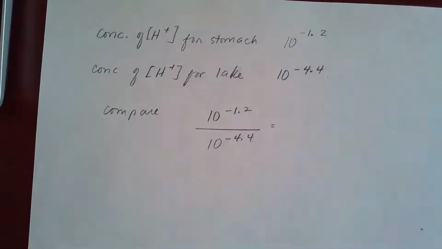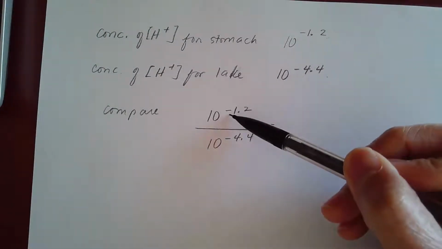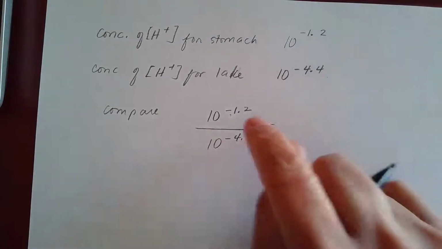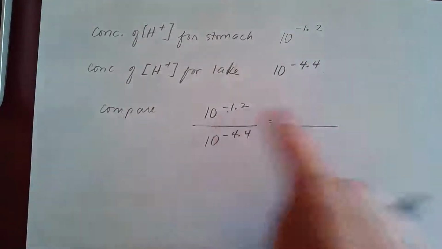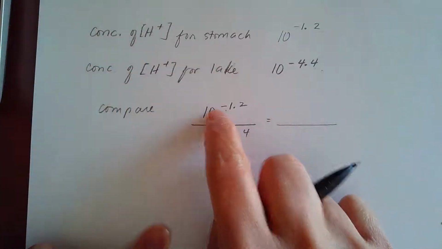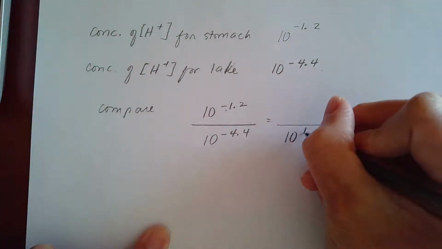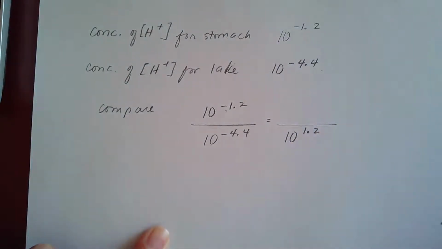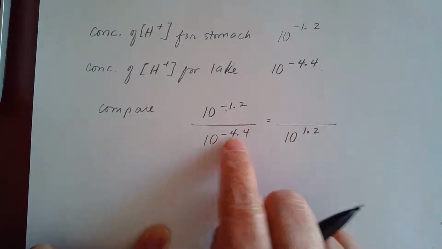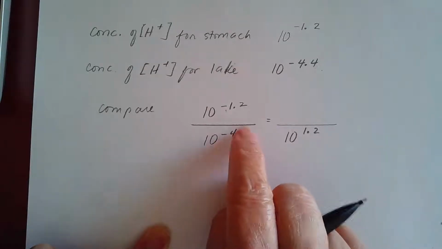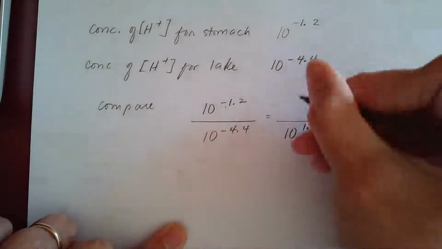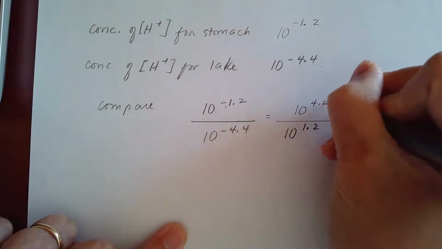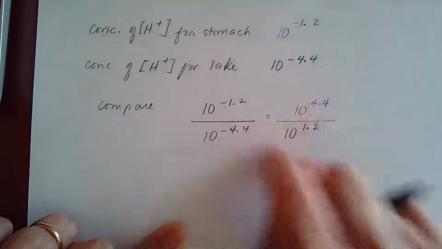Now, this is a negative exponent, so we have to take the reciprocal. 10 to the negative 1.2 goes to the denominator to make it a positive exponent, and 10 to the negative 4.4, because it's a negative exponent, goes to the numerator to make it a positive exponent.